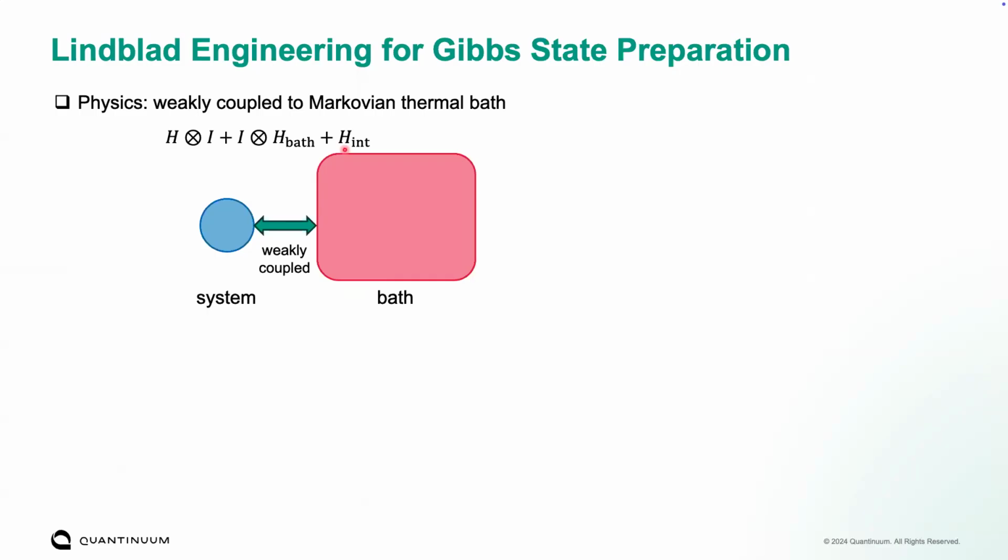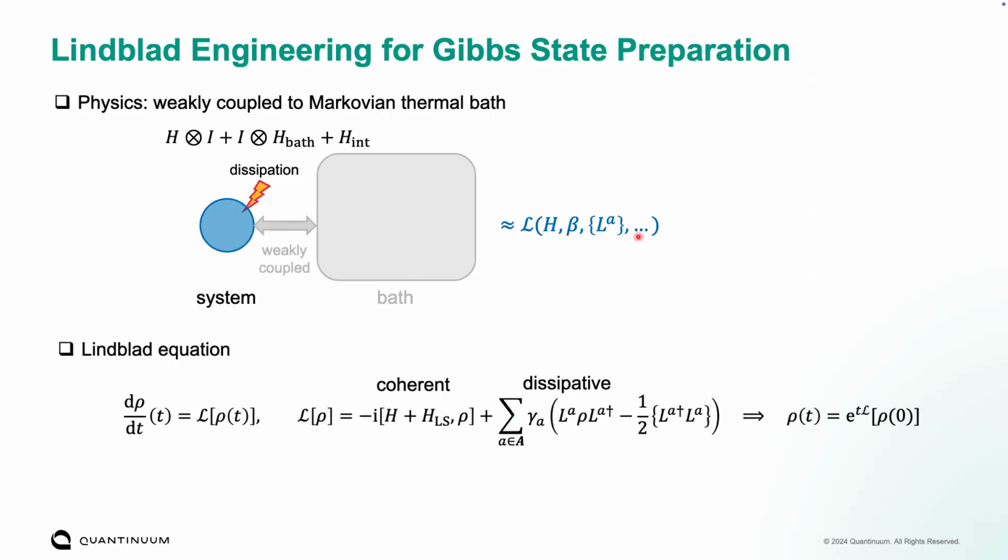Then what you can do is, roughly speaking, trace out this bath part, and then you end up with dynamics only in the system. And this interaction is encoded in the dissipation in the system. So this is roughly described by a Lindbladian that depends on the Hamiltonian and the inverse temperature that is hidden in this bath, and also a jump or transition or dissipation encoded in this Lindblad or jump operator L_A.